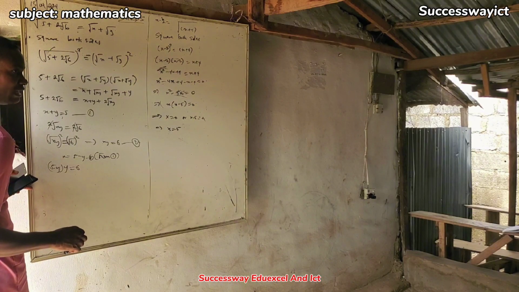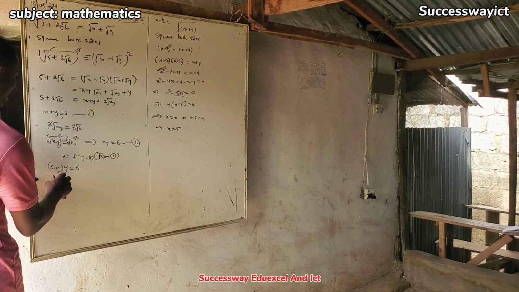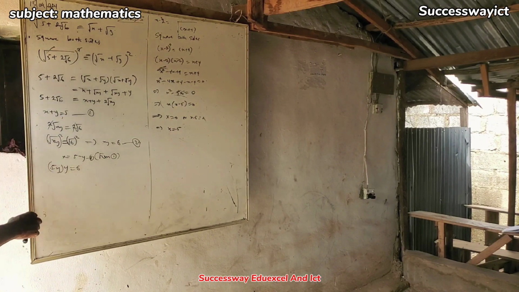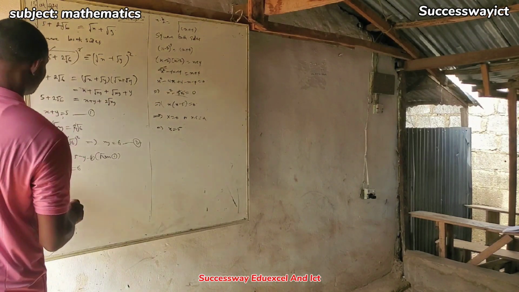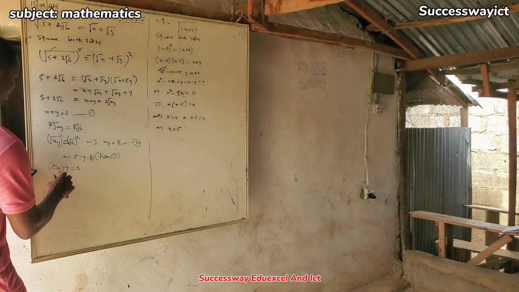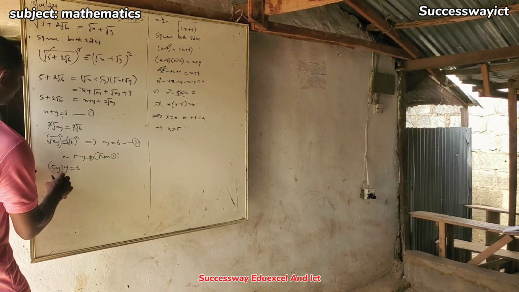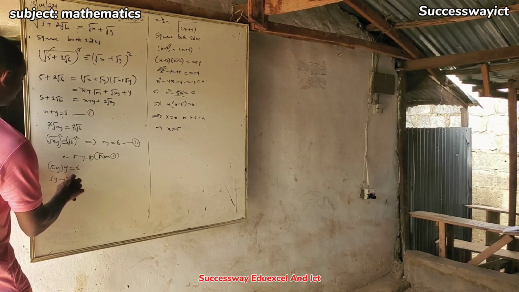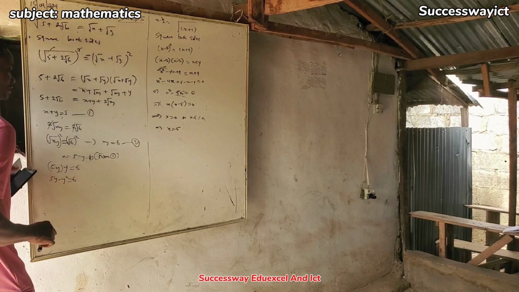Are we correct? Am I together? Now, this means that I have 5y minus y squared is equal to 6.